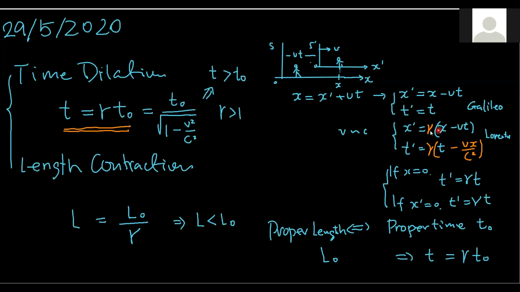So this formula, can you see this one? This is similar to the dilation formula. This is because gamma is larger than 1. Given x, you have x times a factor which is larger than unity, then obviously this side must be larger, right? So what does that mean? That the length contraction is also a relative phenomenon.